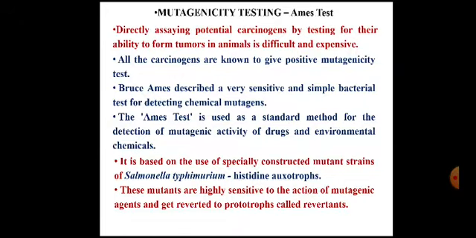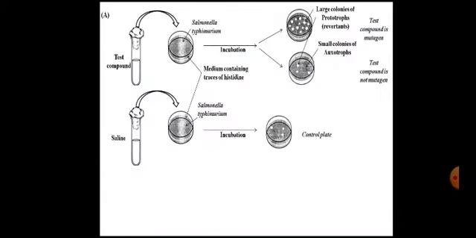That means they get converted from auxotrophic mutants to revertants, that is of prototrophic type. So this reversion indicates that the chemical is a mutagen. That is the principle of this Ames test.